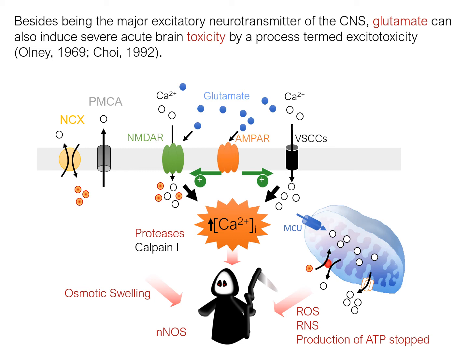All of this increases reactive oxygen species and reactive nitrogen species, and also stops ATP production. These free radicals also damage cellular membranes, intracellular proteins and DNA. And the result of these processes is neuronal necrosis, which is a programmed cell death that is the basis of all acute neuronal injury in the adult brain.